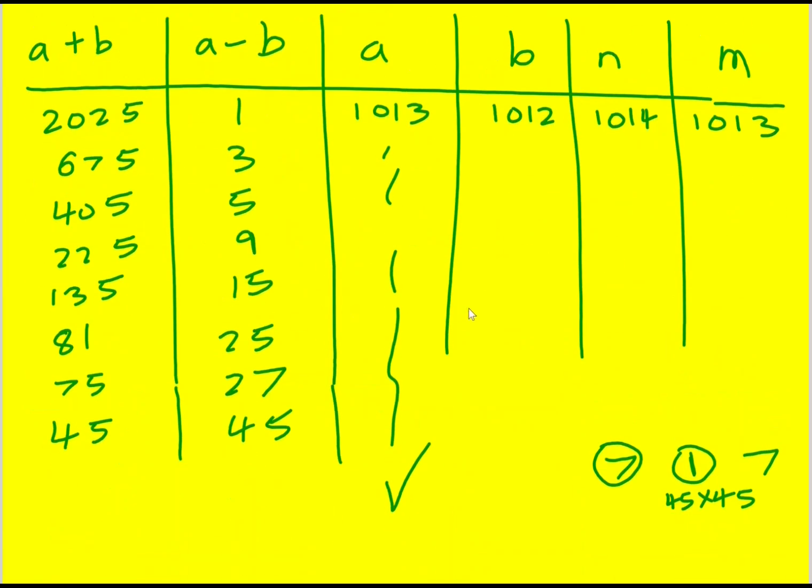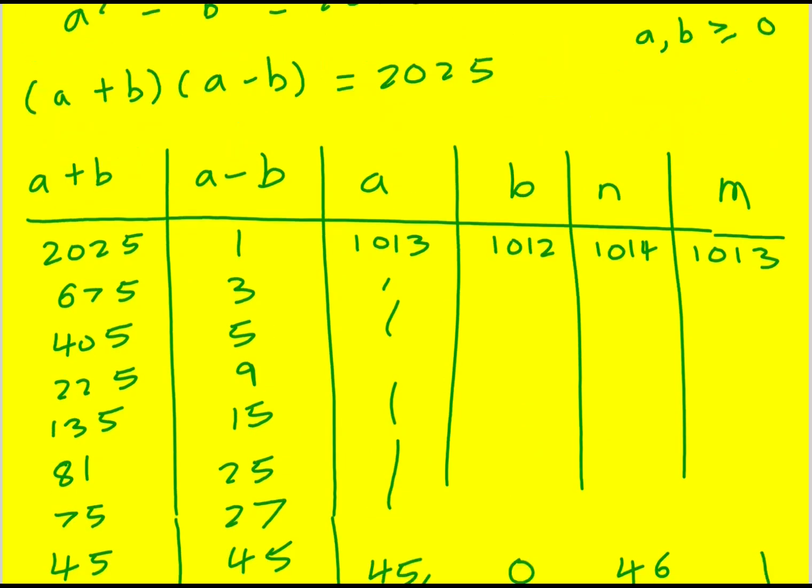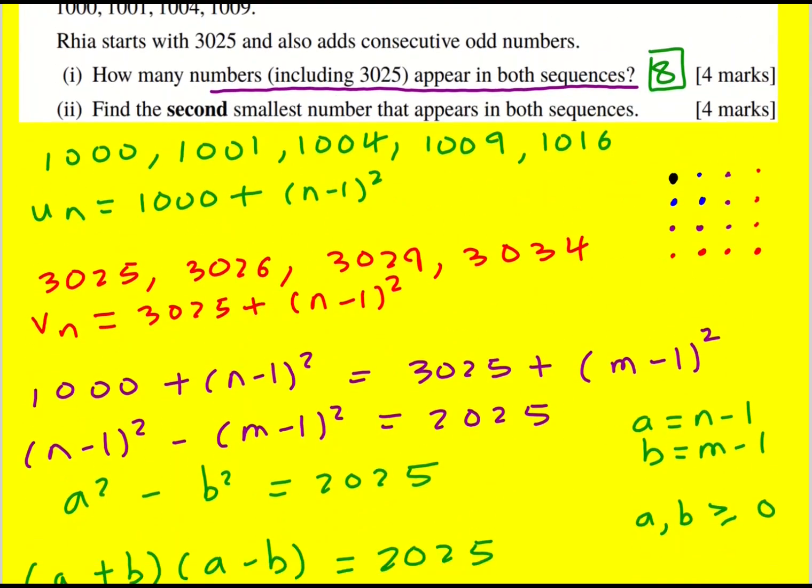Now, I mentioned this earlier, but the smallest would be that 3025, and it would come from the 45, 45 solution because it gives A equal to 45, B equal to 0, and then N is going to be 46, and then M is going to be 1. Remember I got a bit confused there, but when I put it back into my nth term, I still need to minus 1 from them.